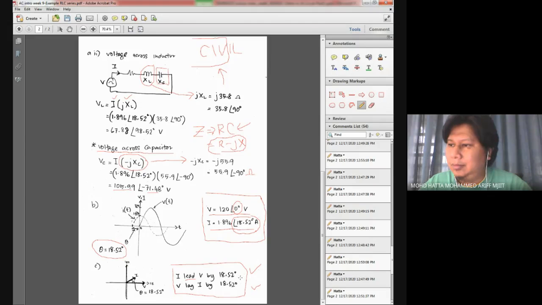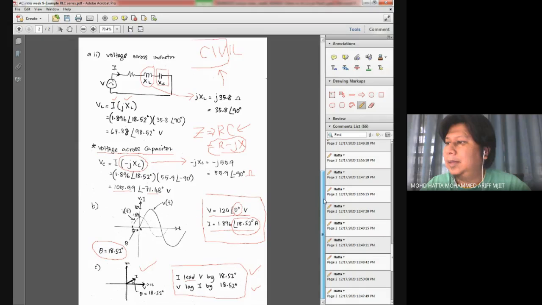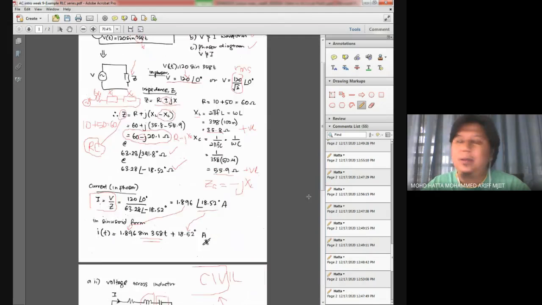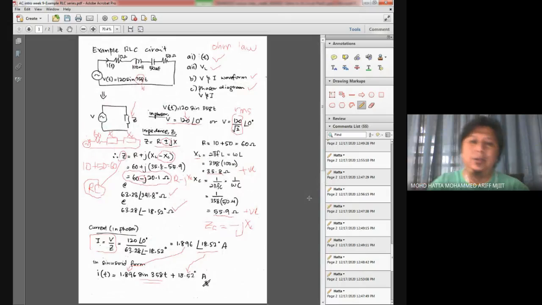So my definition here and my phasor diagram means it is correct. That is how I quickly check, not the exact value, but the general idea of my solution, whether it is in the right direction or the wrong direction. And maybe you can learn later on by yourself, or maybe you have your own strategy or your own style in order for you to quickly check your answer.